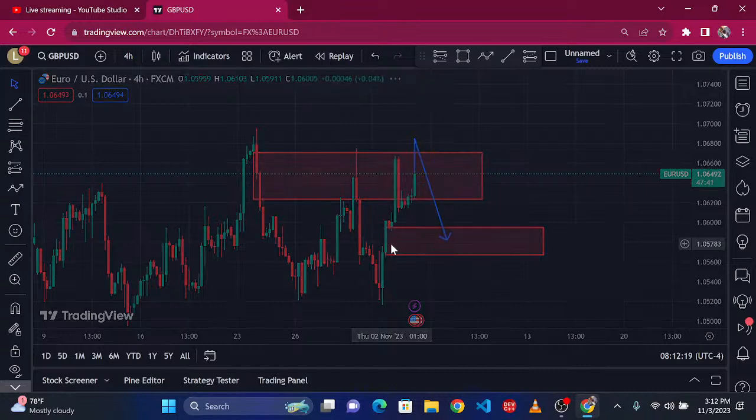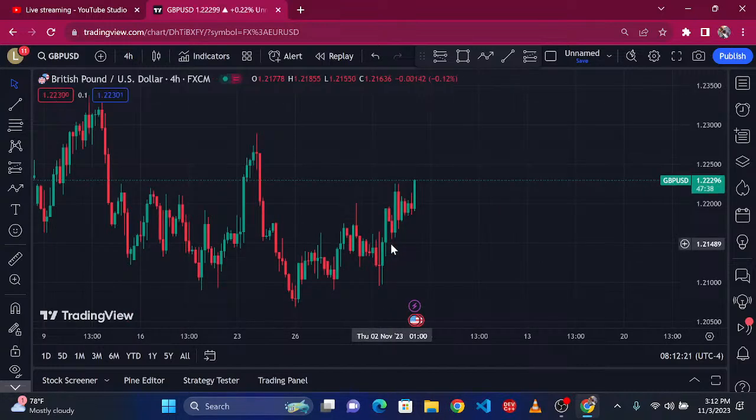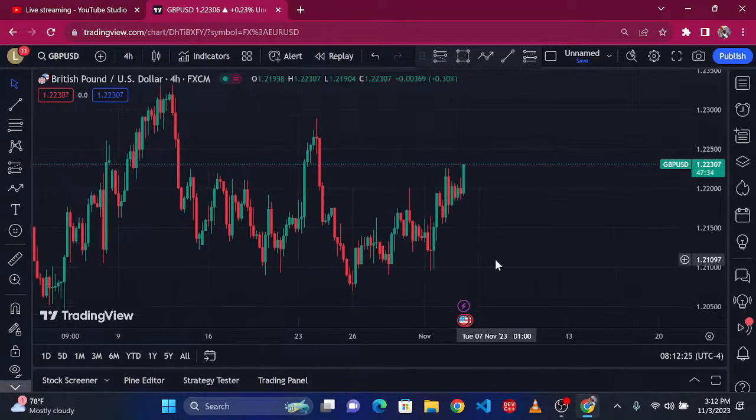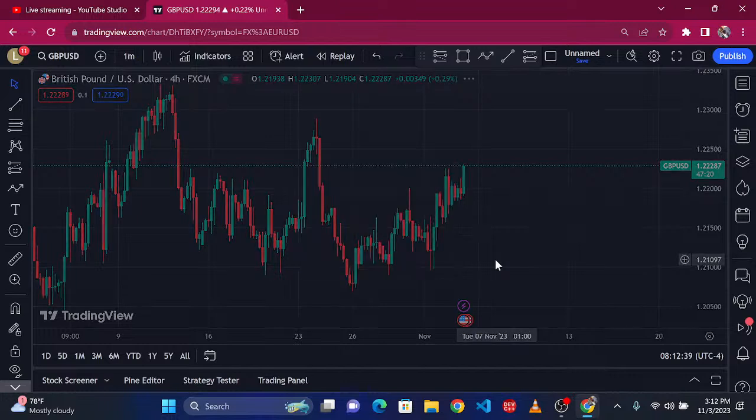Yeah, so let's check on other currencies also, just a little take, though I didn't want to check on them, but I still have some good time. This is GBP USD. If we check the news time, check 1 minute.